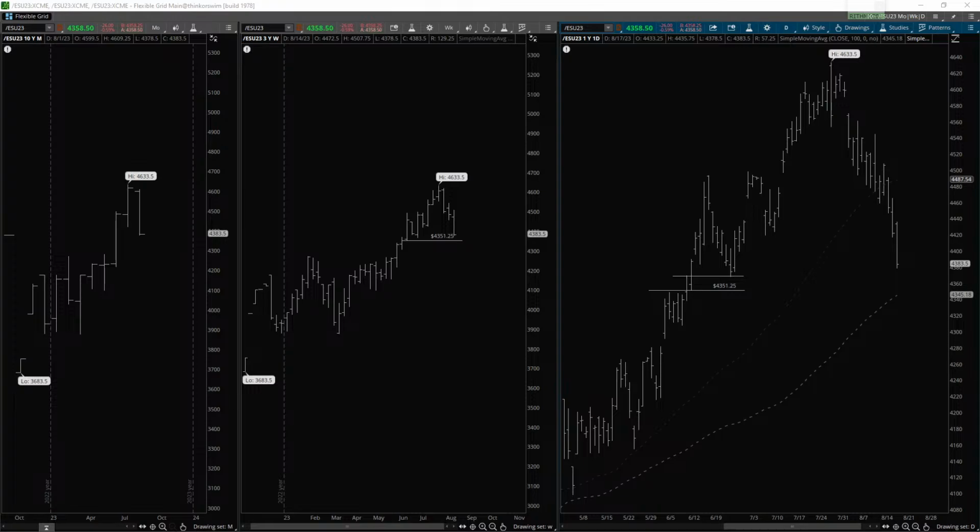August, July, June. No, it was Monday. June 12 was Monday, and the 11th, which was Friday, was the day when this contract really started to pick up volume. When the rollover really started.